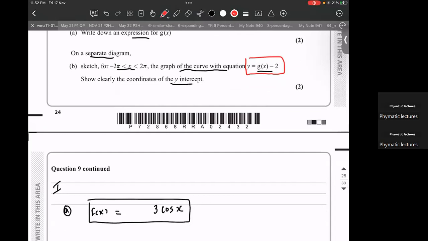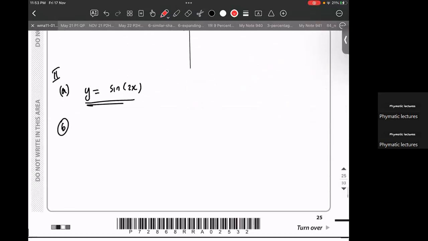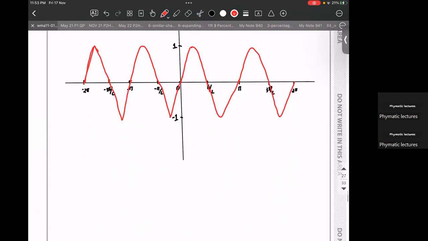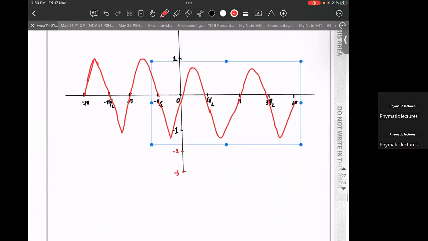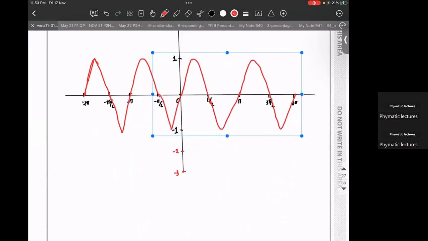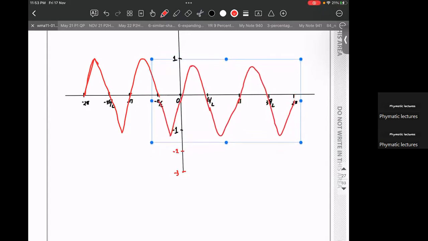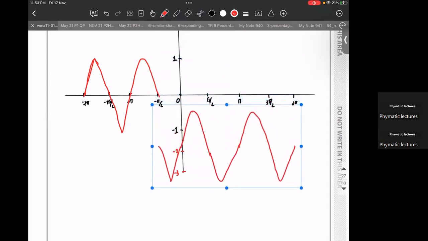So vertical translation, it is moving 2 units down. So 2 units down means it is going up to minus 1 and the minimum to minus 3. So we'll just keep two more values, minus 2 and minus 3. So what we should do is the entire graph we need to shift 2 units downward. So 0 becomes minus 2.